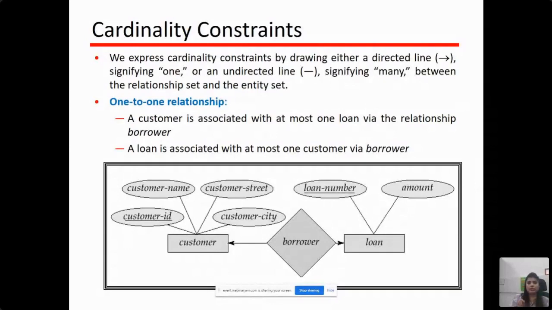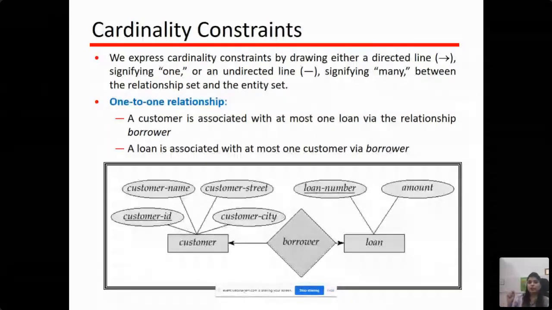It is represented by a directed line or an undirected line between the relationship set and the entity set. So a directed line would signify one, and an undirected line would signify many. This is the most important convention which we need to remember. Usually we get confused in this.